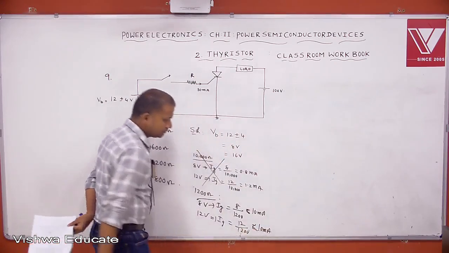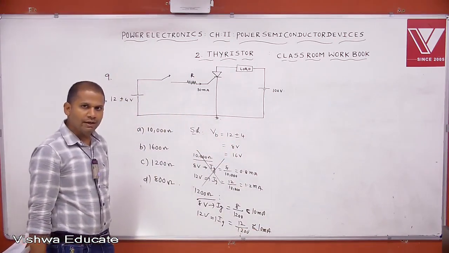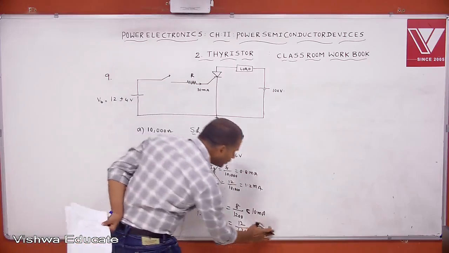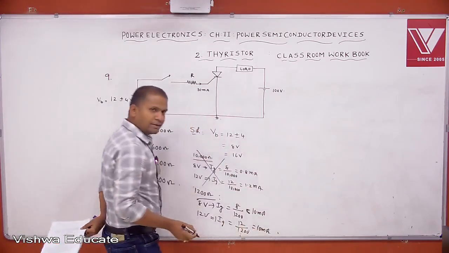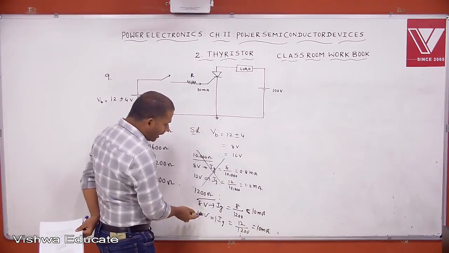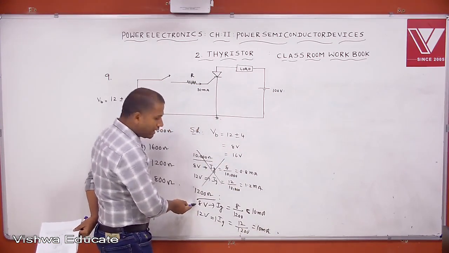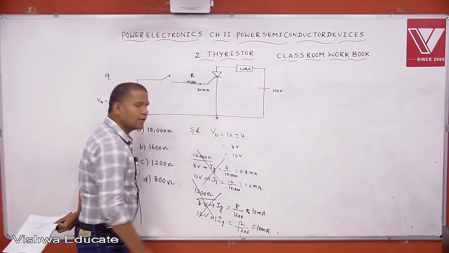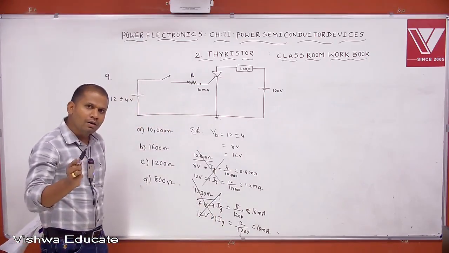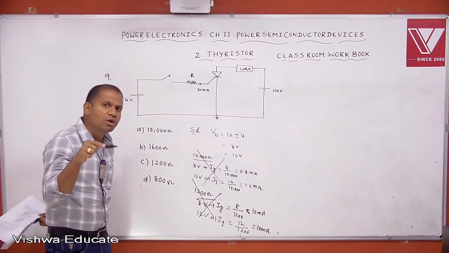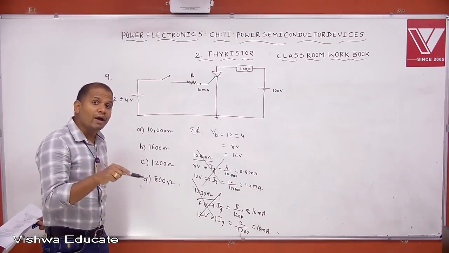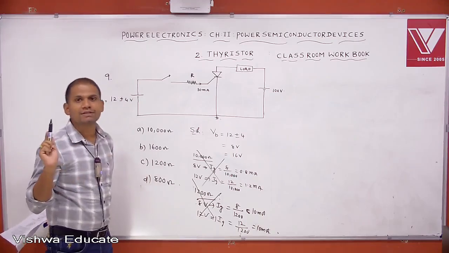So for 12 volts it will turn on, but for 8 volts it is not on. That's why it is not 1200 ohms either. For all VB variations, for 8 volts it must be on, and for 12 volts it must also be on. Like that we can select the resistance.